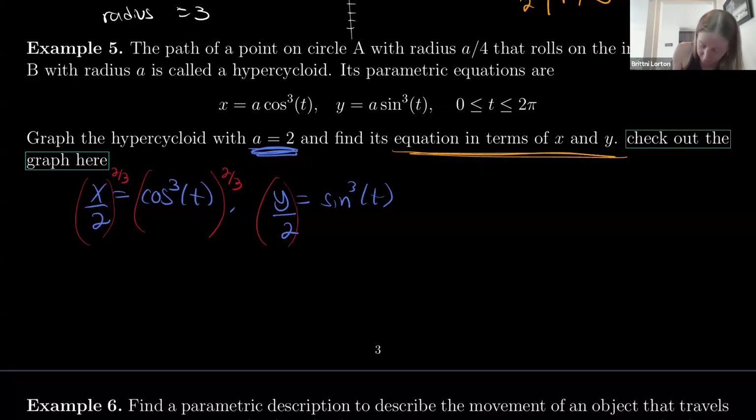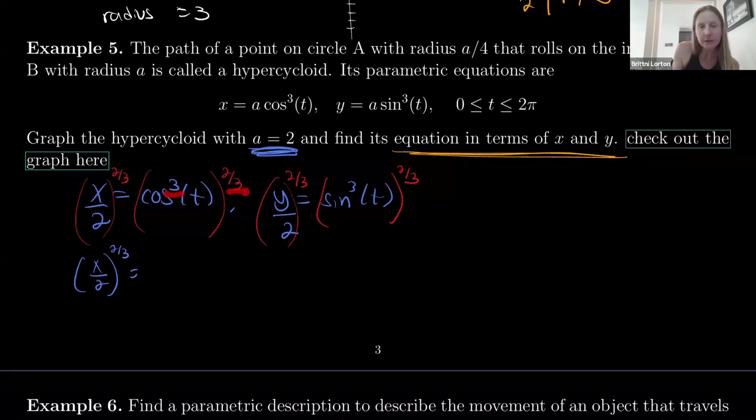I'm going to do that to both equations, both the x equation and the y equation, to see what happens. On the x equation, I would get x over 2 to the power of 2/3 equals, and then you should see cosine cubed to the power of 2/3. The 3 cancels, and I just get cosine squared. Same thing for the y.